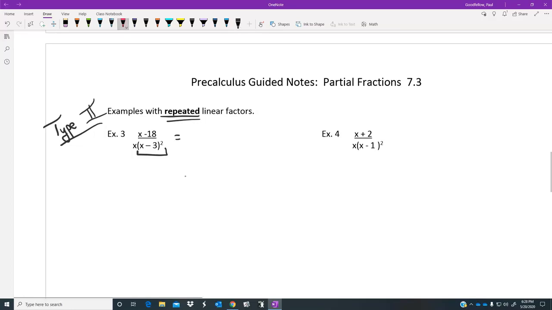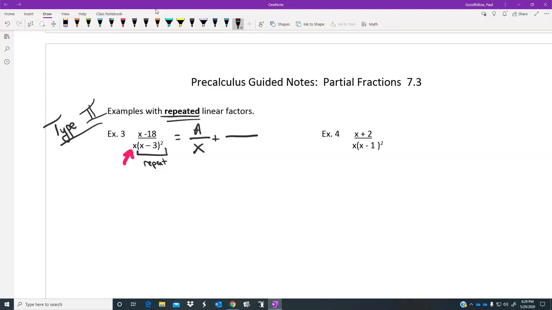Well, we're going to start with the letter x out here. That is distinct. It's going to be x equals 0. It has not got a repeater on it whatsoever. So the very first one you're going to write is A over x. And that'll take care of that particular value. Now, this one right here, which has got a repeat in it, could end up being x minus 3, or it could be x minus 3 quantity squared.